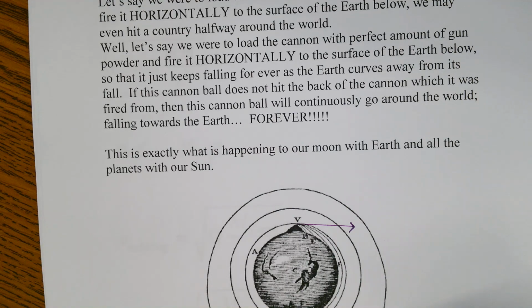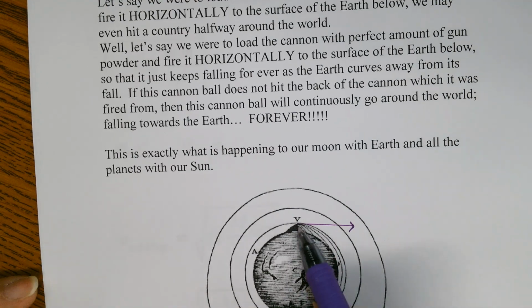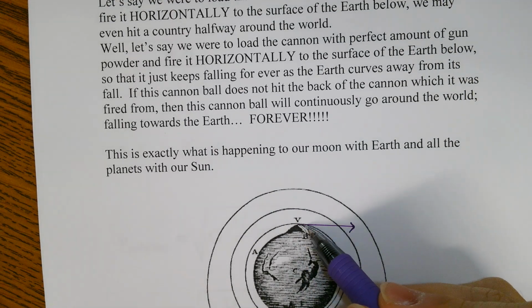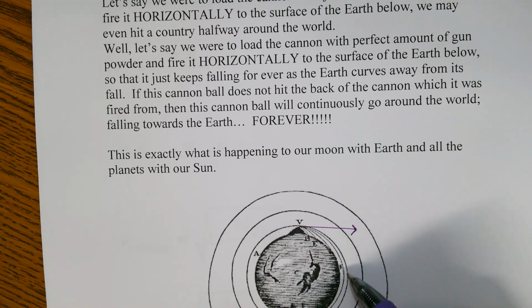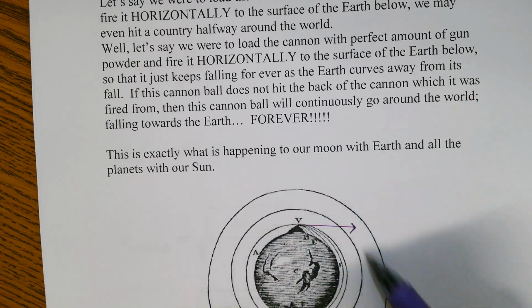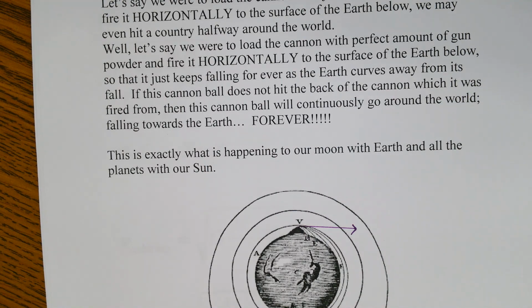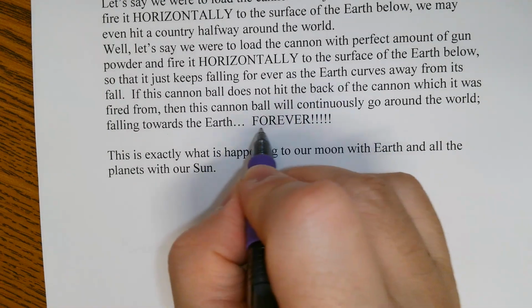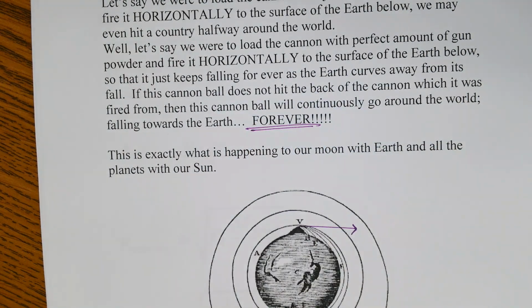But he said there must be a certain speed when I fire this that it shoots out and just continues to go, and then it falls back to the Earth. But as it falls, the Earth itself curves away from the fall and it continues to fall forever. That explained how the moon goes around the Earth.